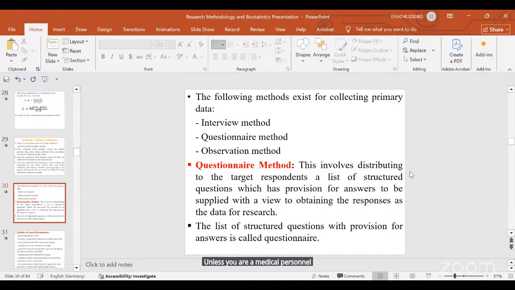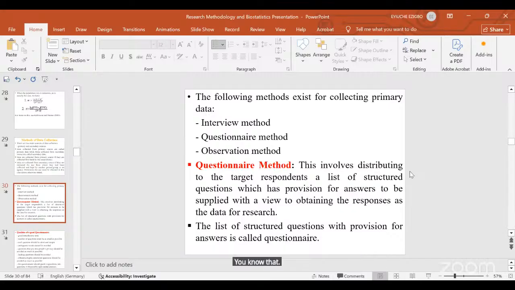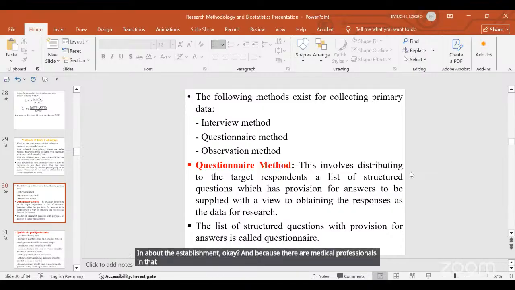And if you are the medical personnel there and you are now collecting such information, of course you know it is unethical. You know that. I hope we are following. And then how do we go about it? You are just a medical personnel, and there are other medical personnel in that establishment, and there is a hierarchy.